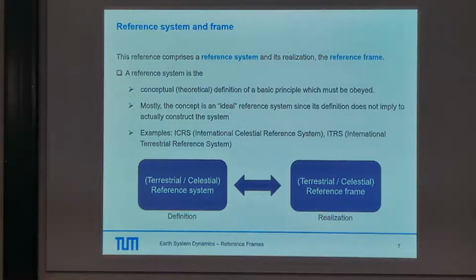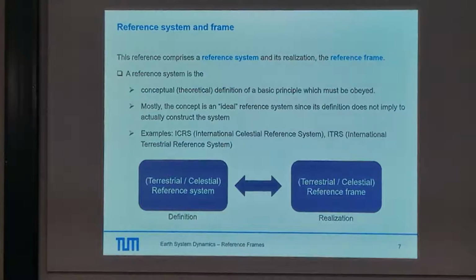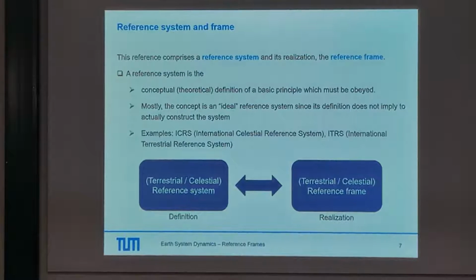It's the theoretical definition of what you want to do, how you want to realize the reference system. Mostly this concept is an ideal reference system, since its definition does not imply actually constructing the system, which means in fact it's a theoretical system which might, for example, not be observable at all.